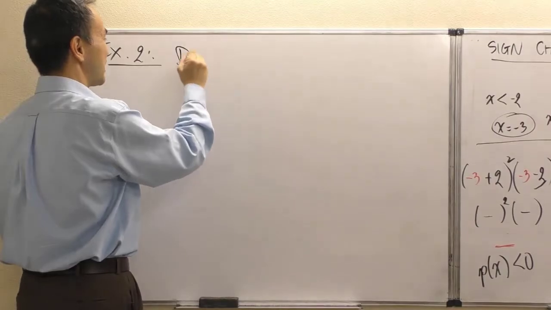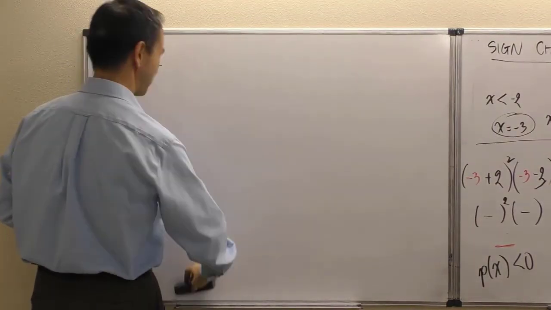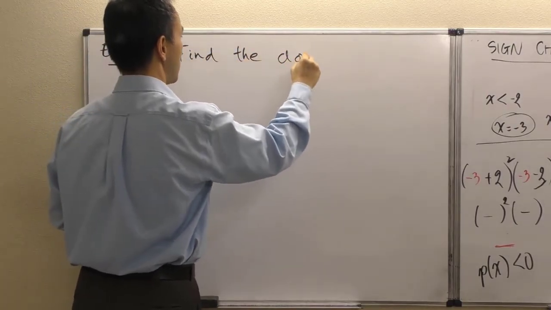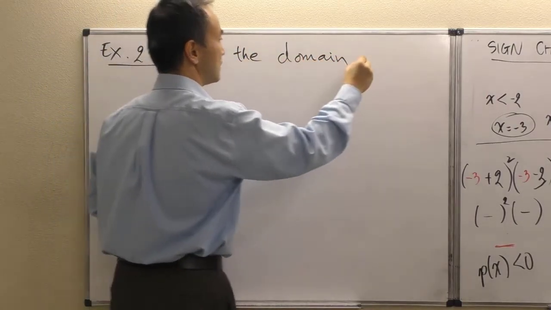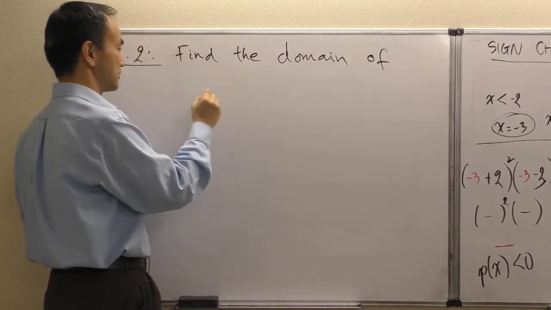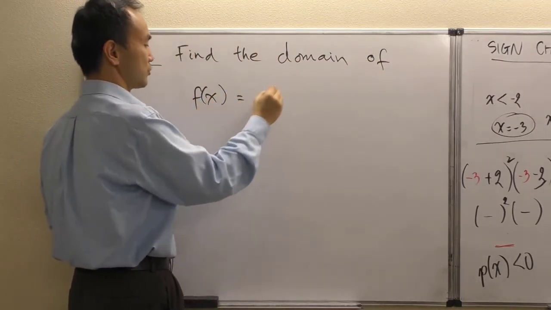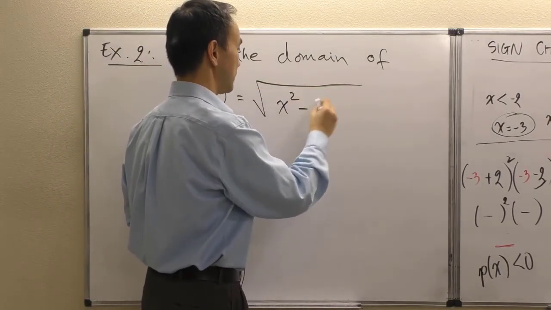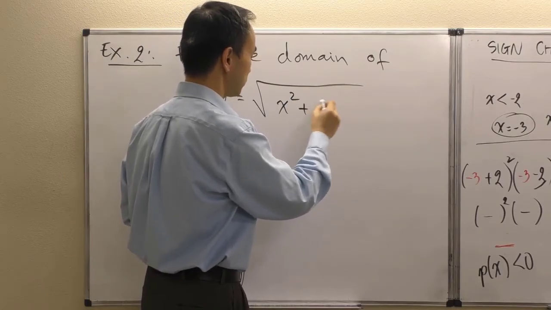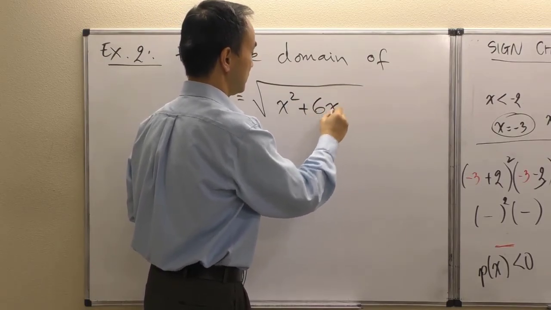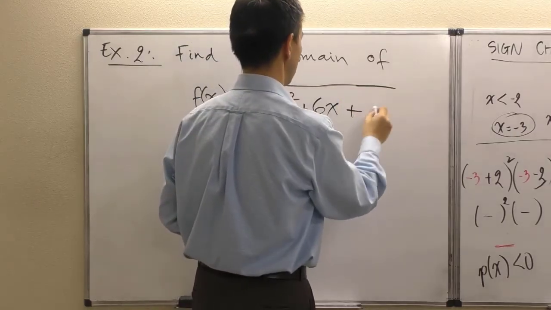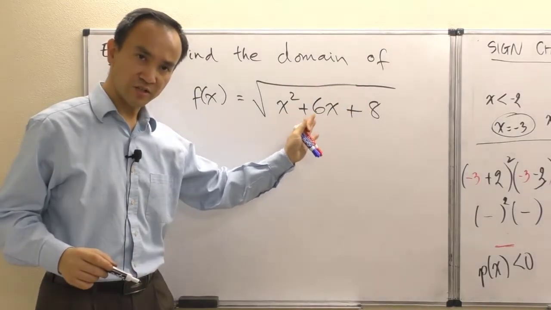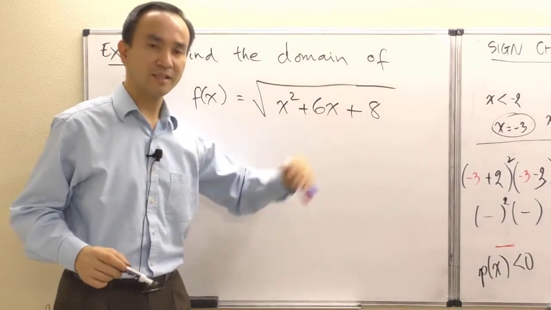So let's say we want to find the domain of, so now my function here is f of x equals the square root of x squared plus 6x plus 8.